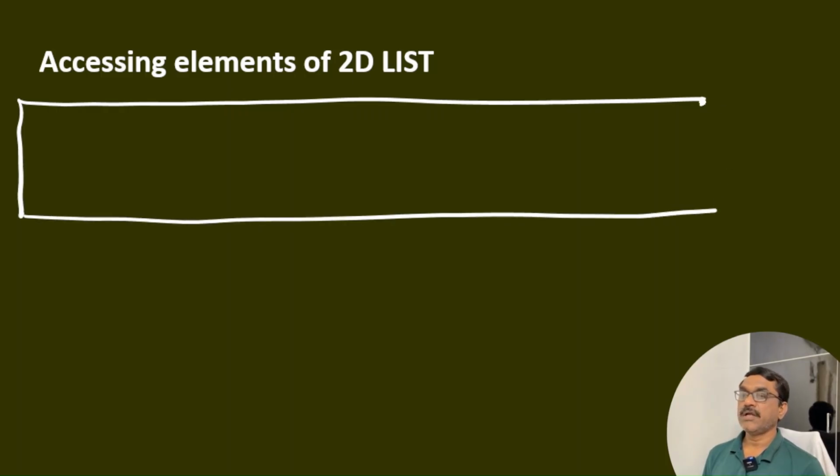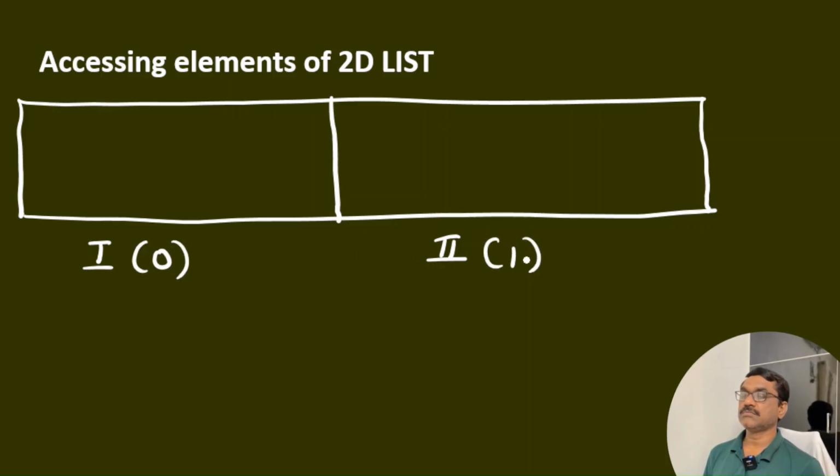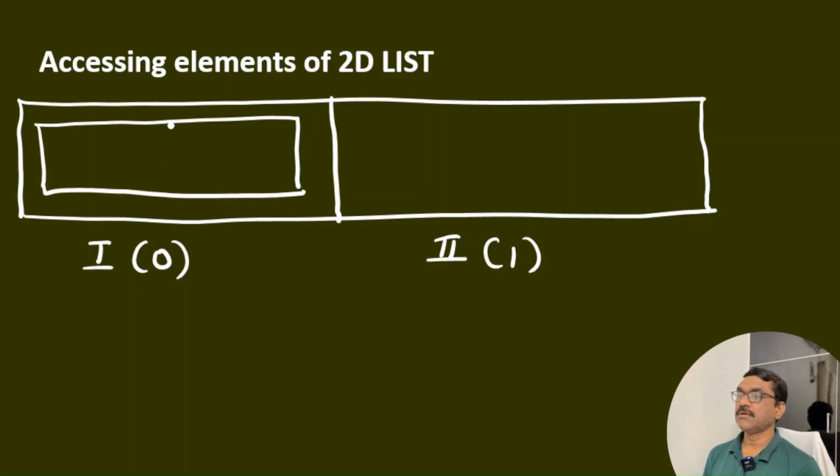Here, take a list like this and divide the entire list into two parts, right? This is the first part and this is the second part. And here the index is 0 and here the index is 1, right? Now, the first part we are dividing again into two parts.